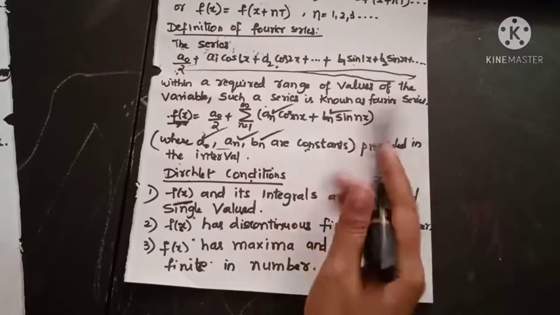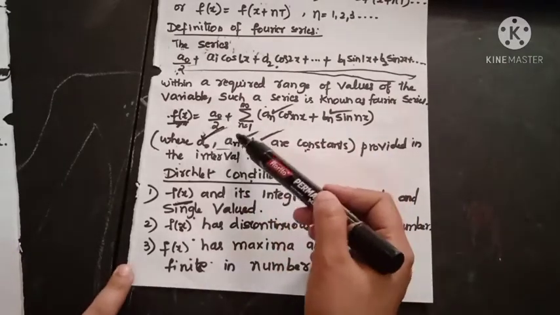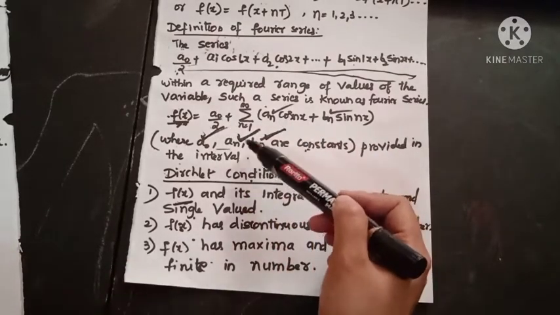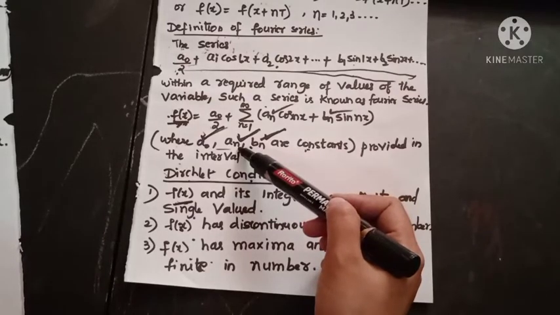Now, the values of a naught, a n and b n can be evaluated. That's what Euler's formula says.